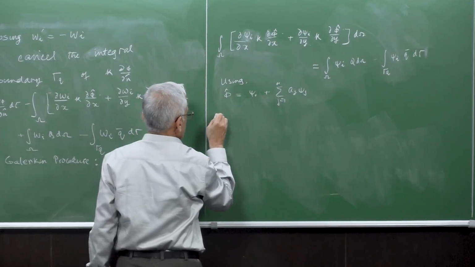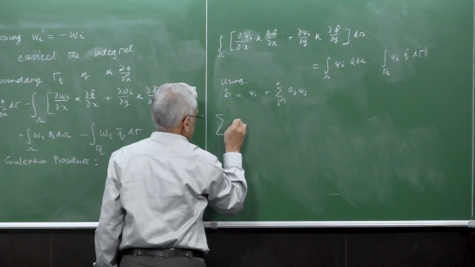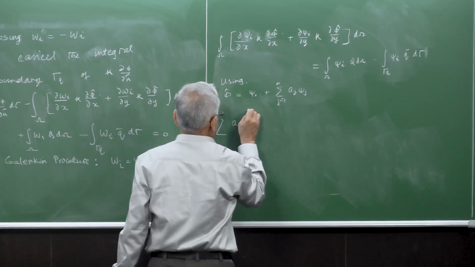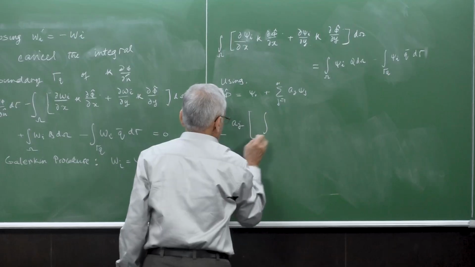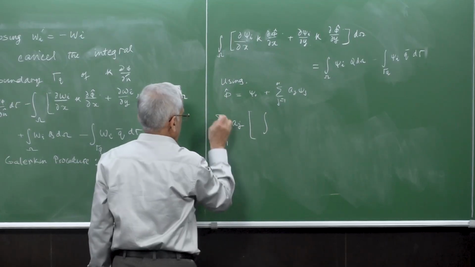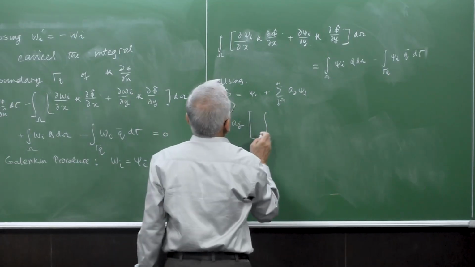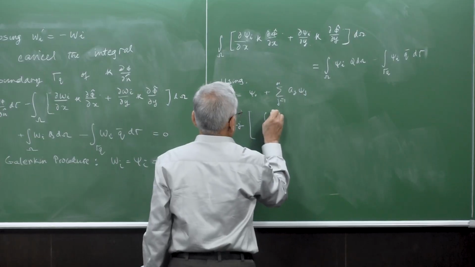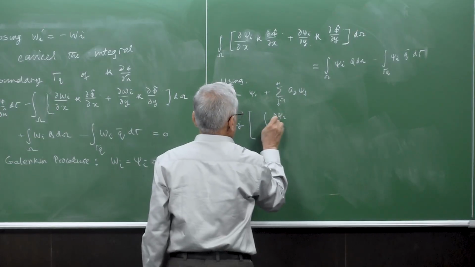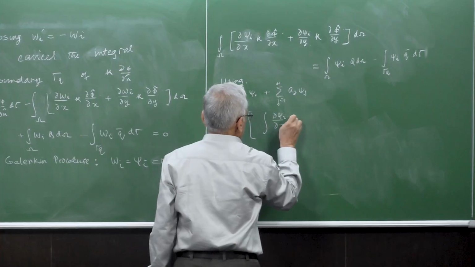So let's just collect all the aj terms. What we have here is dou psi I by dou x.